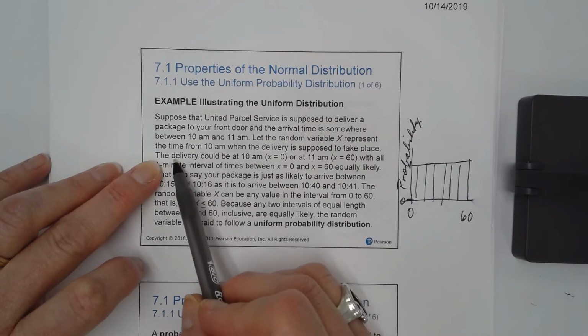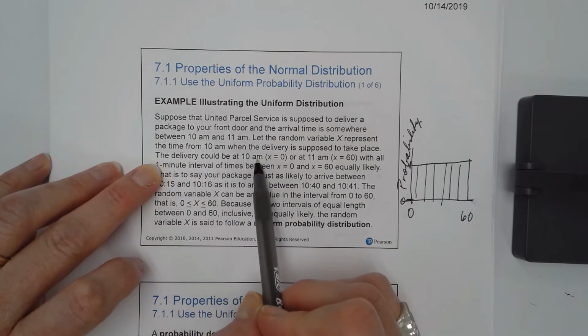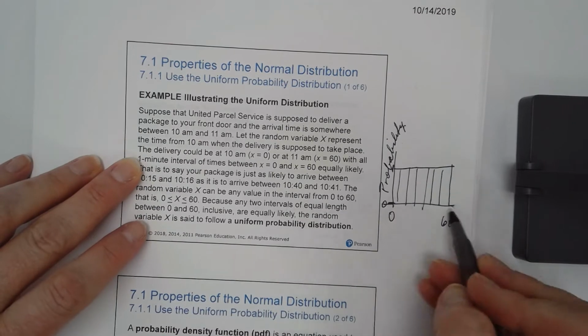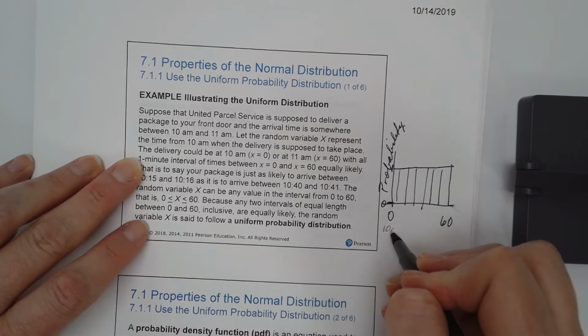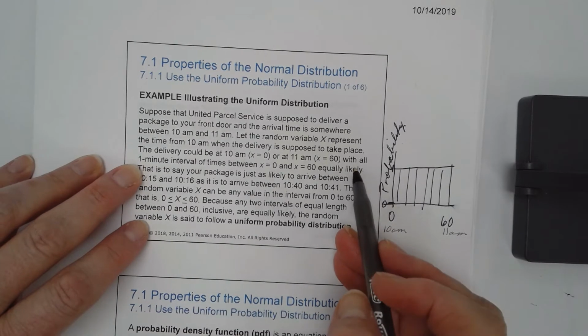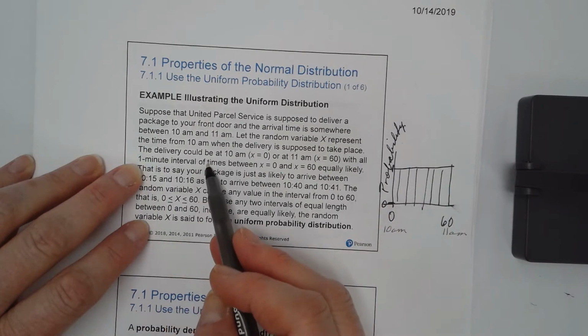The delivery could be at 10, that would be x equals 0, or at 11, that would be x equals 60. So there are 60 minutes in that hour from 10 a.m. to 11 a.m., with 1 minute intervals of time between x equals 0 and x equals 60 equally likely.